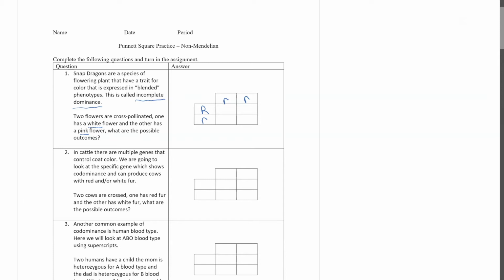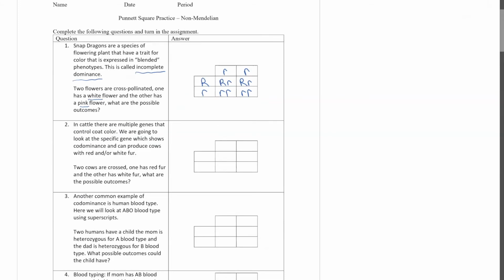When we cross these two, we can get a big R, little r, noting that we're bringing alleles in from each parent. And you can also get little r, little r, which gives us the phenotype of white. So if we cross a white and a pink flower, we're going to get white and pink flowers. That's not really exciting, but what is exciting is that we have three different color varieties.